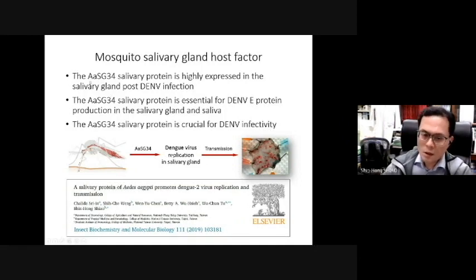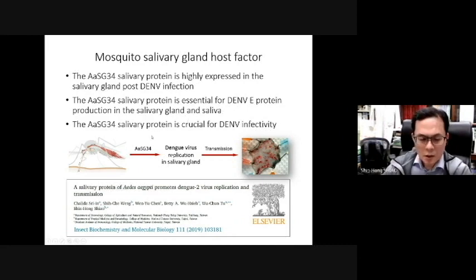So here we have shown that this salivary gland protein AASG34 is highly expressed in the salivary gland post-dengue virus infection. And then we have shown that this protein is essential for dengue virus E protein production in the salivary gland and the release from salivary gland to saliva.